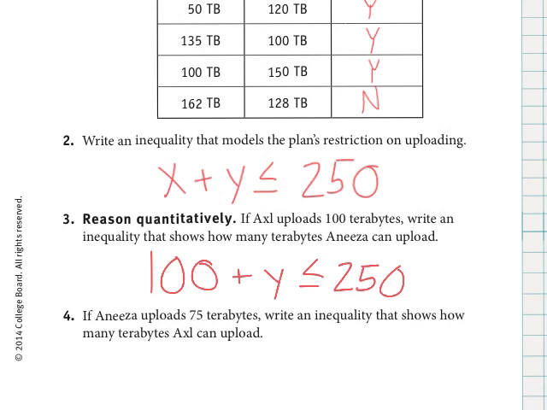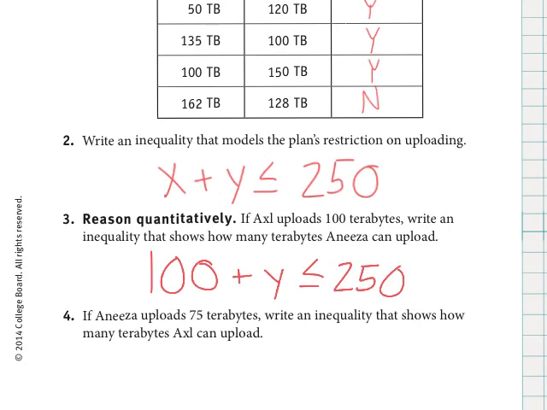149, or 102, or 102 and a half, or 102 and 3/4, or 102.5643, right? There are endless possibilities of different combinations of data that they could use.